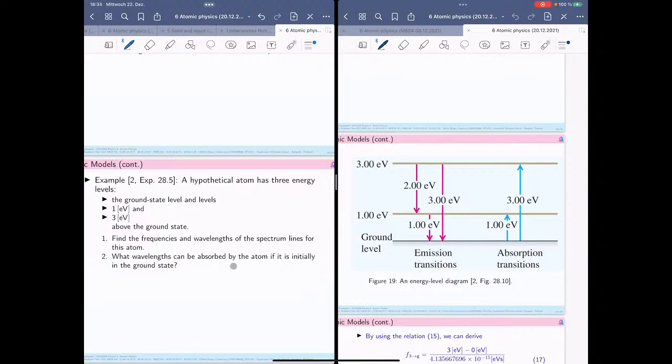Let's talk about the second sub question, the wavelengths that could be absorbed. If the electron absorbs energy, it means that light propagates and the electron gets to a higher energy state, whether it's 1 eV or 3 eV.